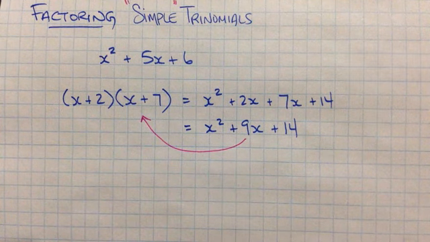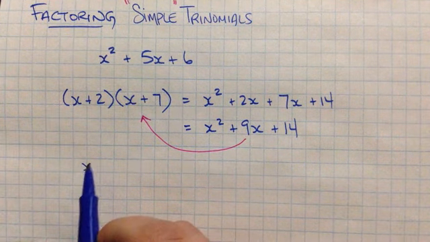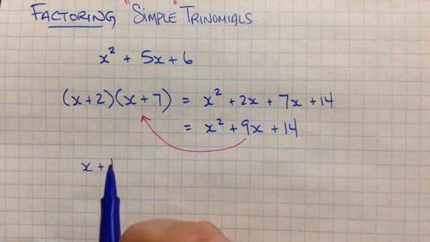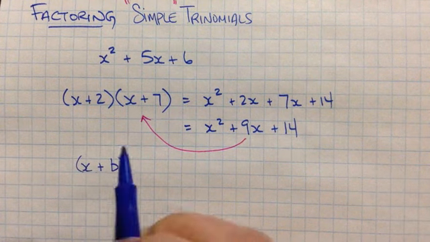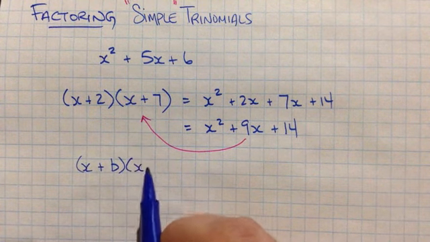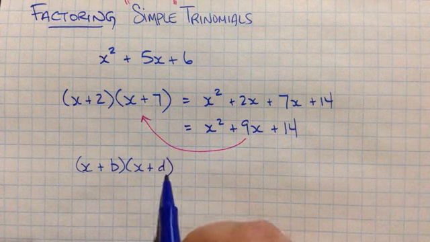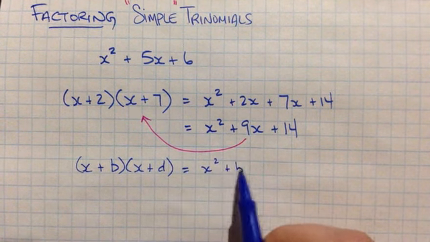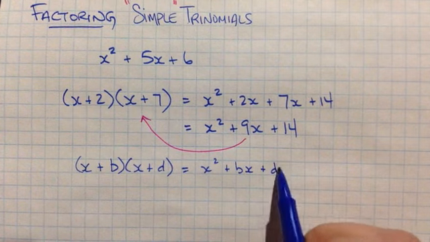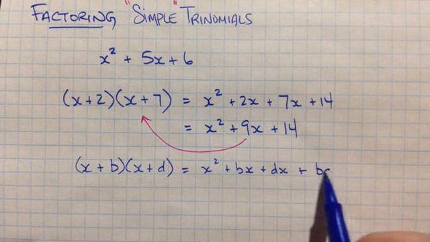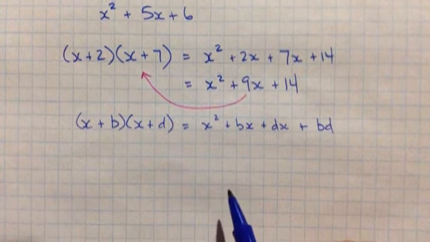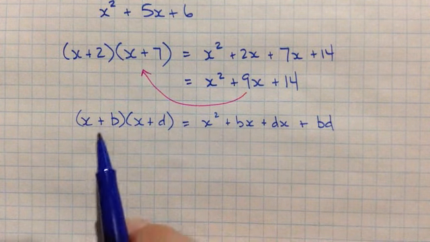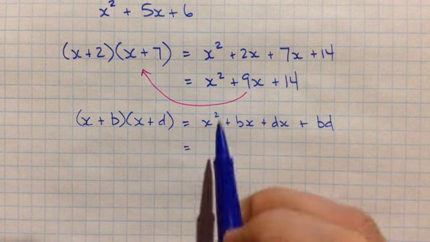So in general, we have this same sort of setup. We have x plus, I'm going to use the value b to represent a number. And we have x plus, I'll use another value, d to represent a number. And when you work this out, you have x squared plus bx plus dx plus b times d. So this is the general form for expanding binomials.